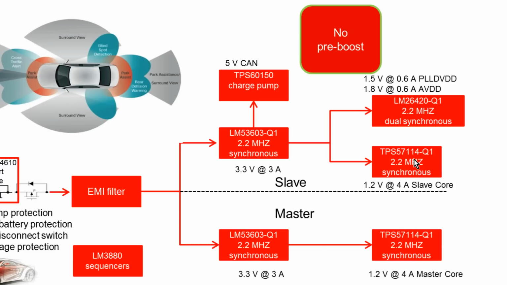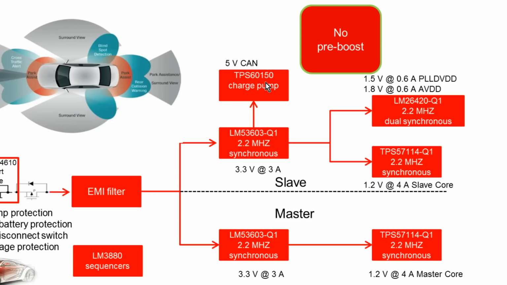For the point of load solution, we have used the TPS57114, which is a point of load 4 amp 2 megahertz solution. Here we have used the charge pump TPS60150 to supply the power for CAN communication.